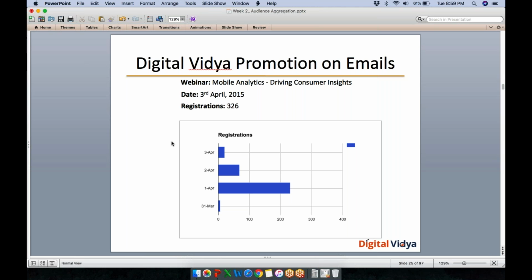Multiply that over a whole month, 30 divided by 3 is 10. Assuming they do 10 webinars a month, how much would that money be? Approximately 25 lakhs.